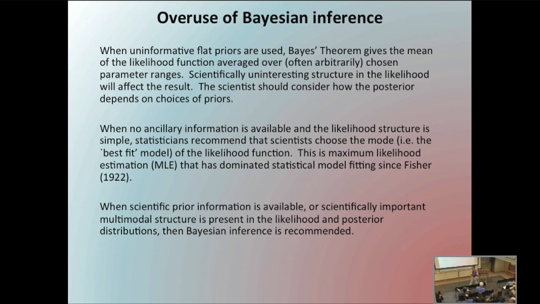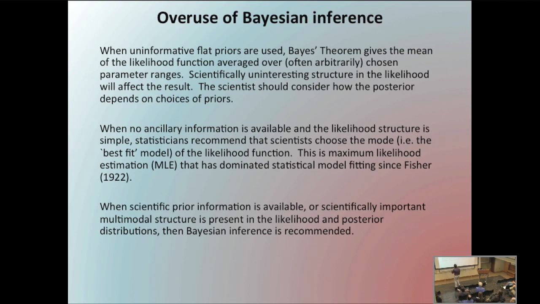So the journals are beginning to, in an editorial sense, the referees and editors are beginning to tell you, thank you for section 3.2. You've done a nice Bayesian analysis with an uninformative prior. Tell us what the result is for a few other priors. And often your result's fine. Often your result doesn't depend on this. And sometimes it does. And you don't want your science to depend on arbitrary choices.